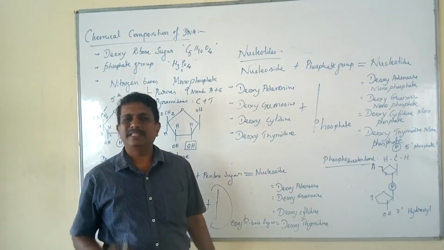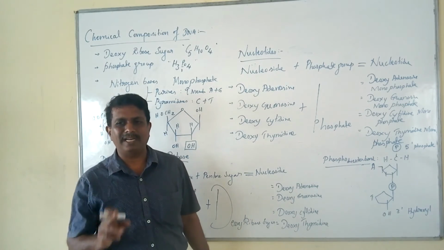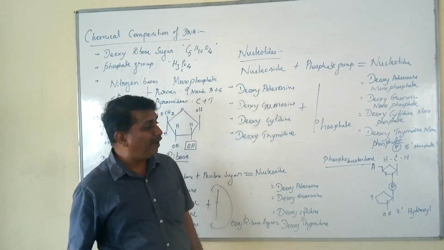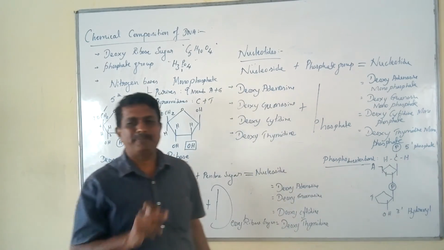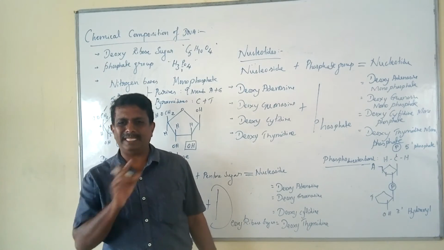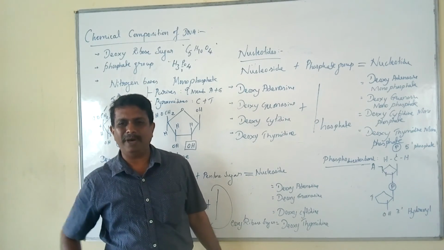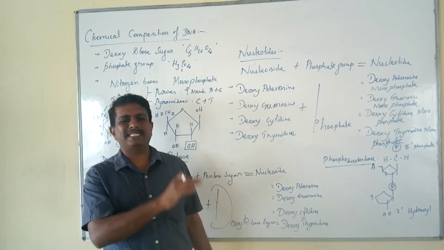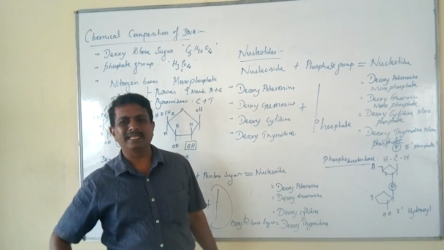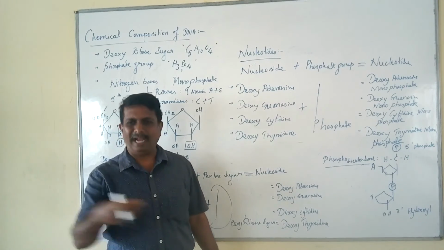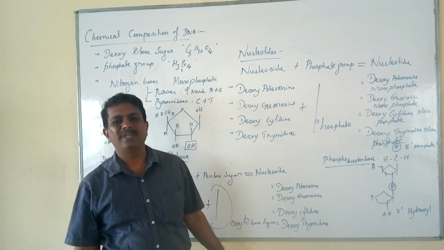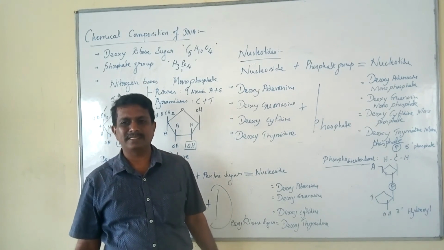The two nucleotides are linked through a 3',5' phosphodiester bond. With the help of the phosphodiester bond or link, it will form a dinucleotide chain, resulting in the formation of polynucleotide strands.